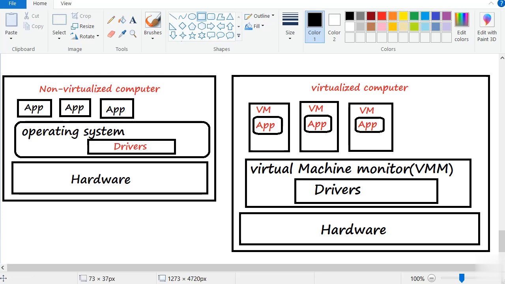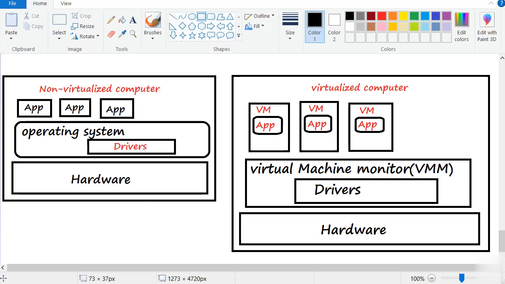Compared with the non-virtualized computer, in a virtualized computer we have hardware, but in a non-virtualized computer we have a single operating system. You cannot use another operating system in a non-virtualized computer. But in virtualized computers, we have a virtual machine monitor.